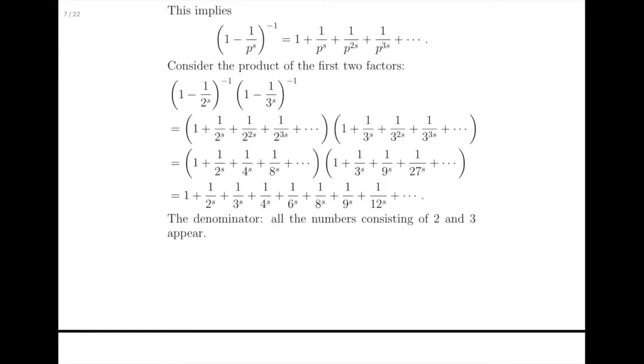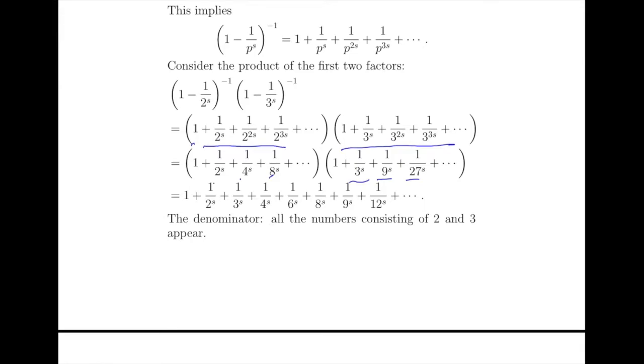Then the first part is this one. The second part is this one. So the denominators are 2, 4, 8, that is, the powers of 2. And here the denominators are 3, 9, 27, the powers of 3.